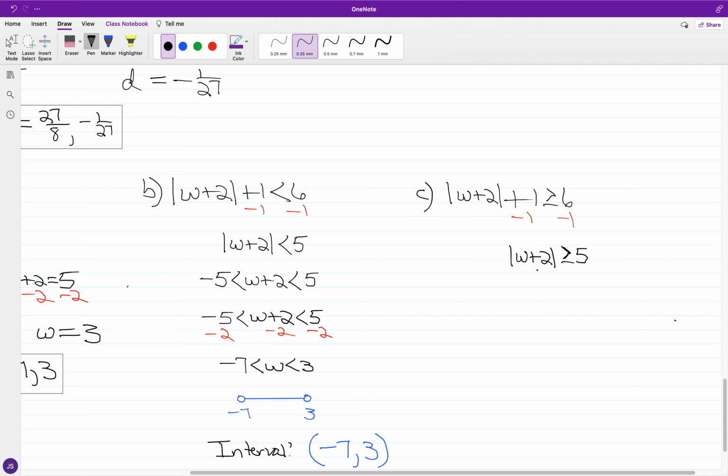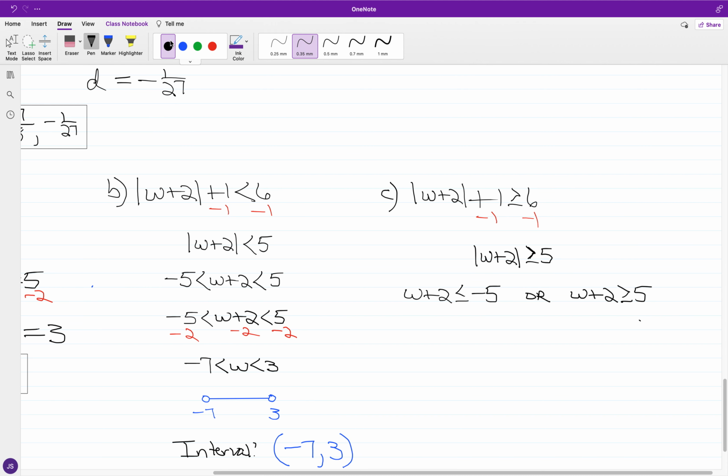However, if you have greater than or equal to, you're going to have separate inequality statements where the expression, upon removing the absolute value bars, is less than or equal to the negative of k. And at the other end, the same expression is greater than or equal to positive k.